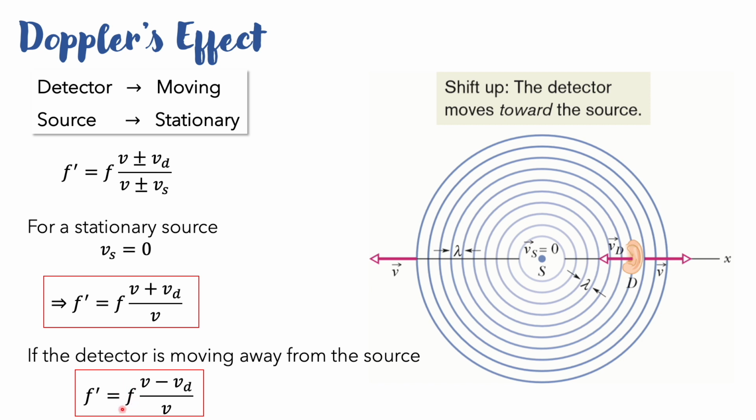Here remember that this f is the original frequency of the sound emitted by the source, and f prime is the resultant or shifted frequency.